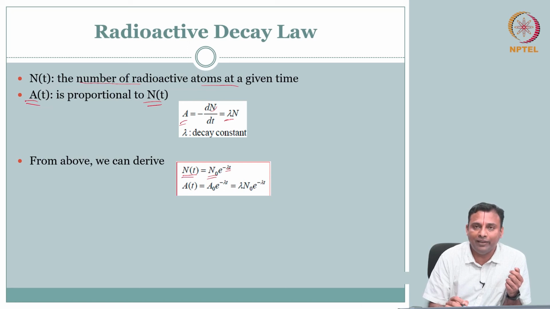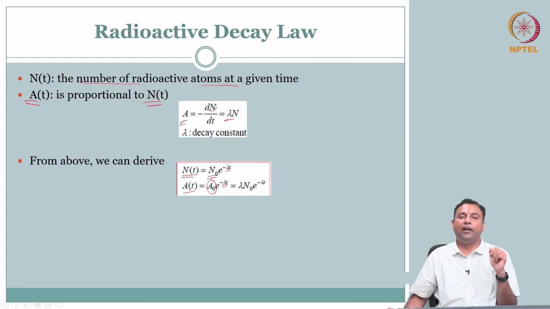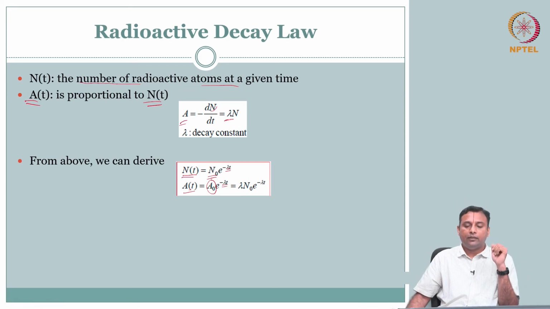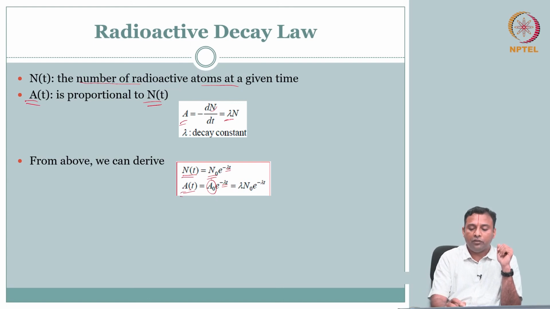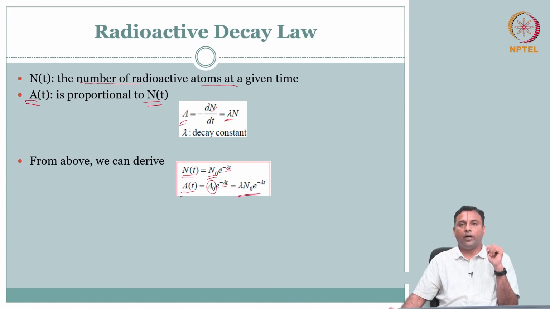So the radioactivity follows an exponential decay model. So your A of t is the activity you start with at t equal to 0, and then it decays with a constant lambda, and therefore you can have A of t equal to lambda N naught e power minus lambda t.